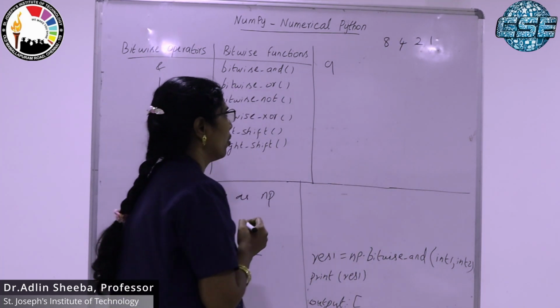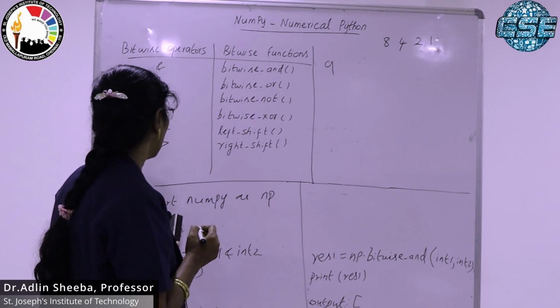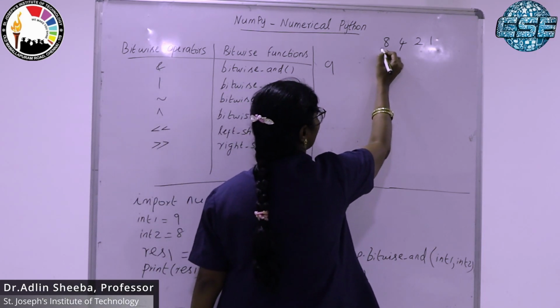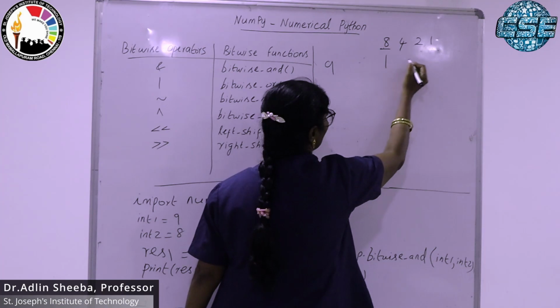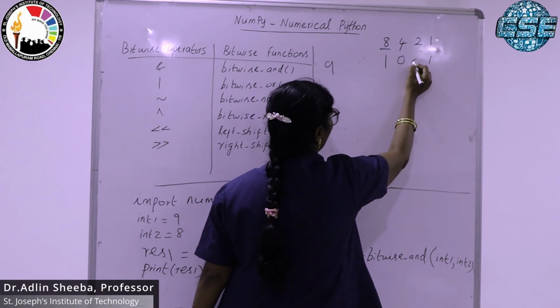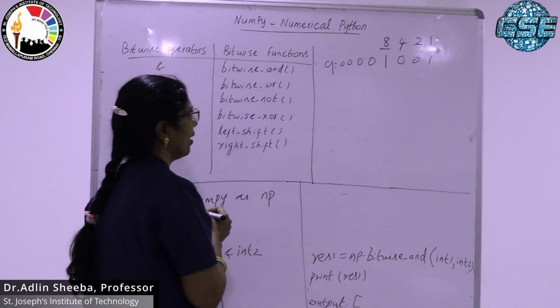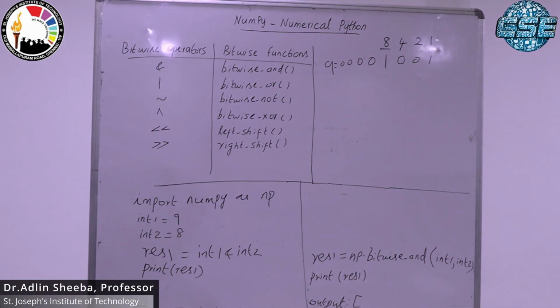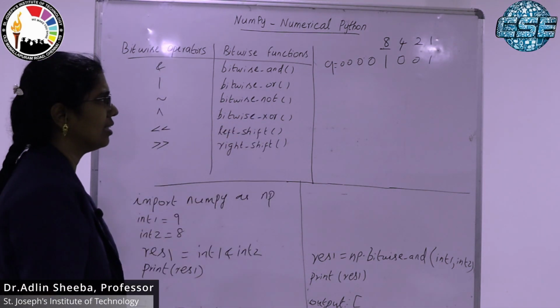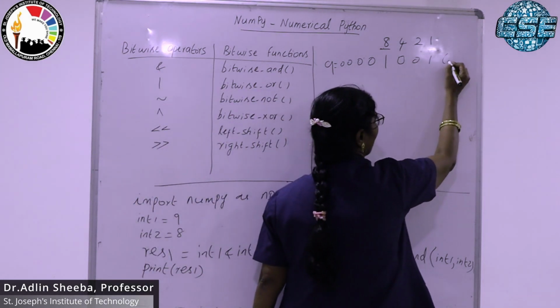So we know the positions. Now the value is 9, so 9 is 8 plus 1. In these positions we have 1 and in the remaining positions we have 0. So we have written 9 in binary.